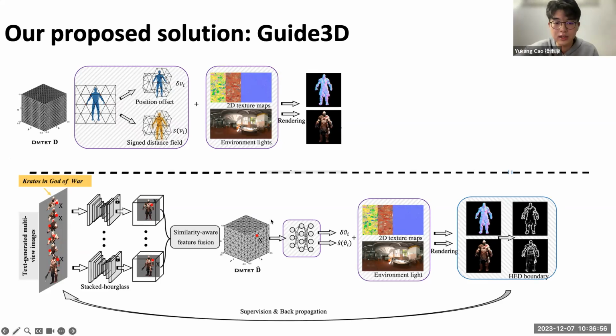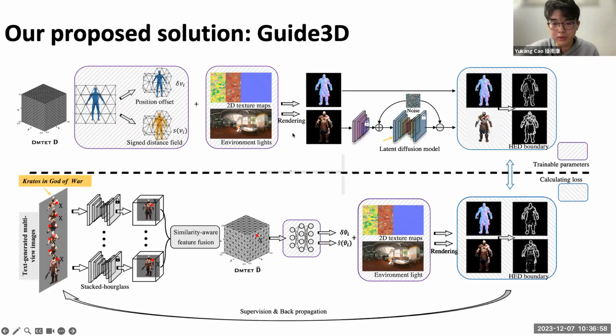So to this end, we apply the diffusion model to denoise the rendering from the upper branch and apply the HED supervision at the same time. These two grids, upper and lower branch, will be optimized jointly by novel view supervision, distilling the features from the high reconstruction prior to the upper branch and the imagination learned from the upper branch to the lower branch.